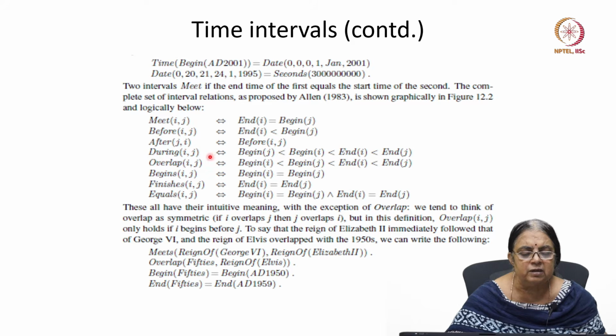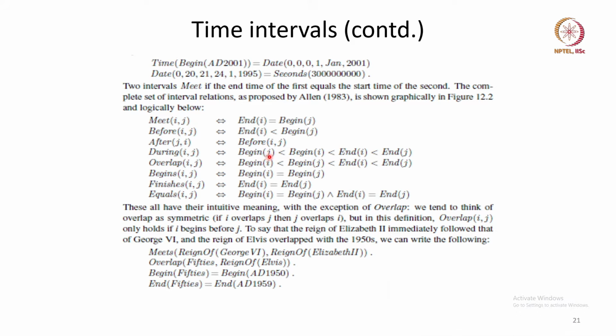During i, j means that the beginning of j is less than the beginning of i and the end of i is less than the end of j. And if they overlap with each other, it means the beginning of i is less than the beginning of j, which is less than the end of i, which is less than the end of j.